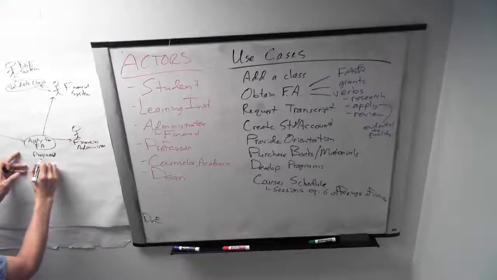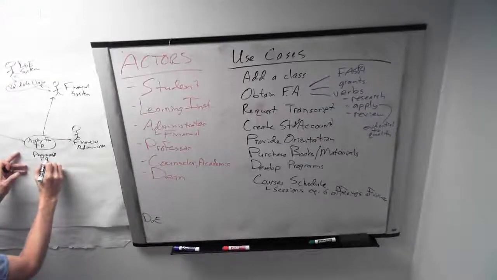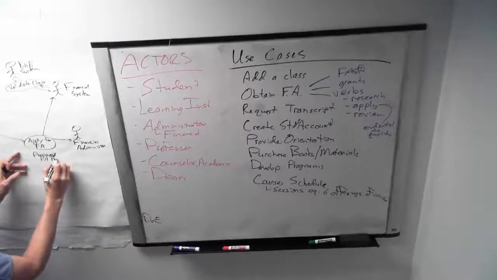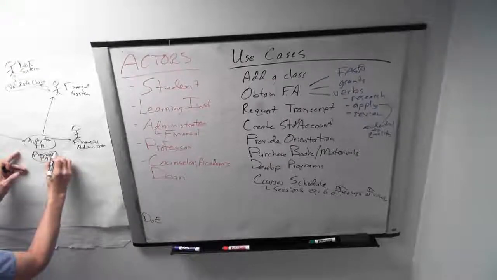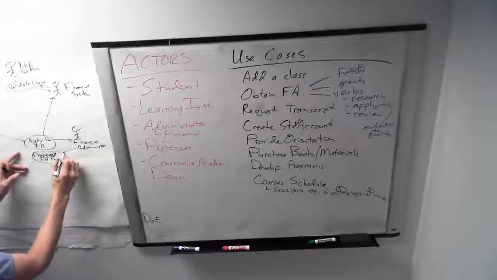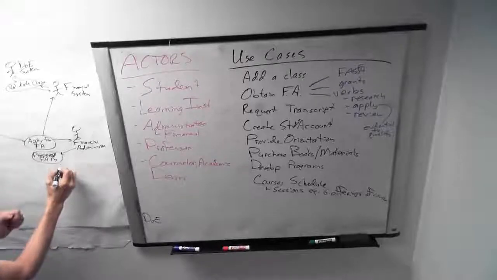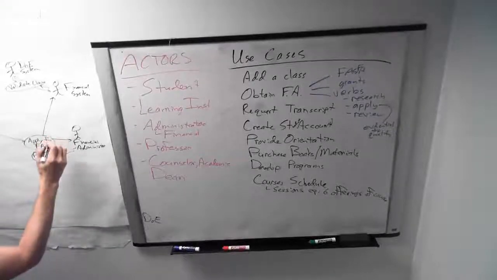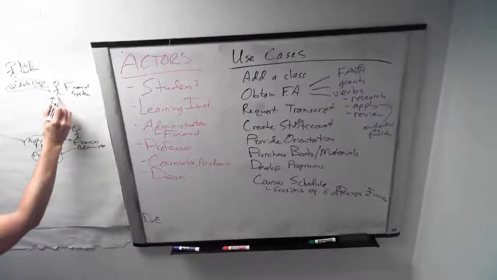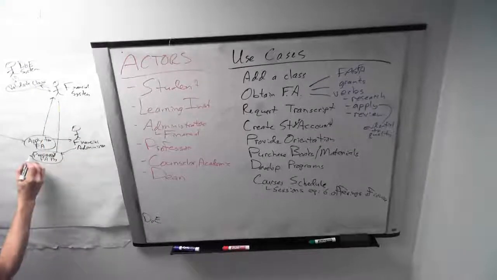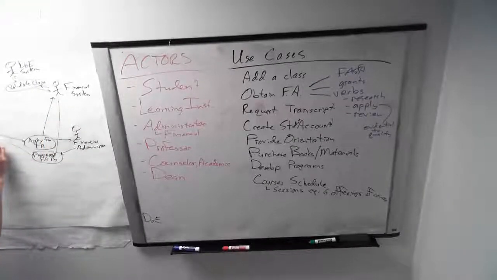So take the D off there: propose financial aid package. Okay, so the financial administrator is going to start that off, and it's going to draw off of the financial system, obviously. And this is going to go back to the student.